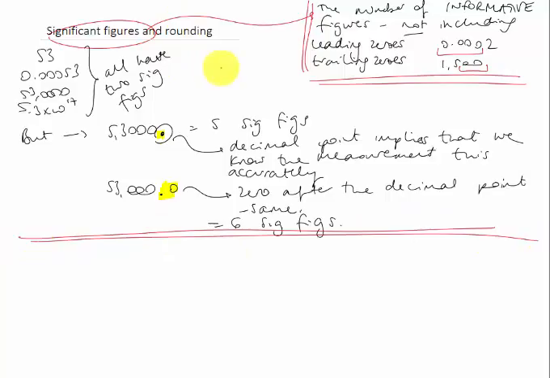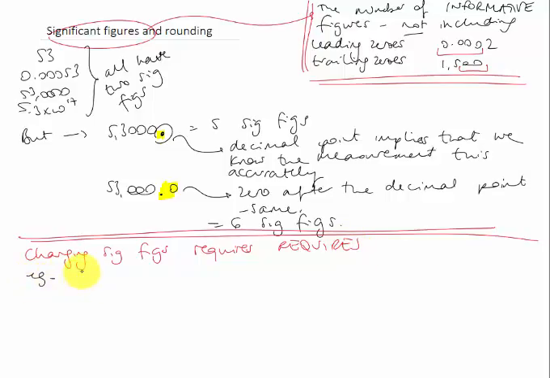Now, if I ask you to give me a number with a particular number of significant figures, you might have to use rounding. Changing the number of significant figures requires rounding. So I'm going to tell you a couple of rules for that. Professor Buller's gone into all this in some detail, but I'm just going to show you a couple of examples.